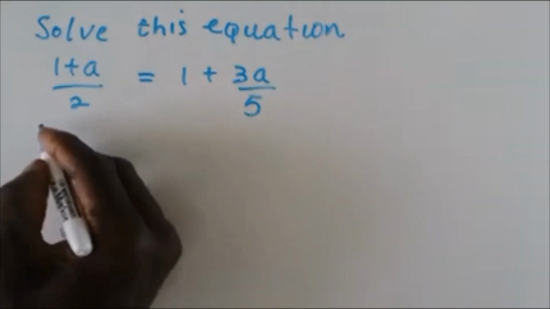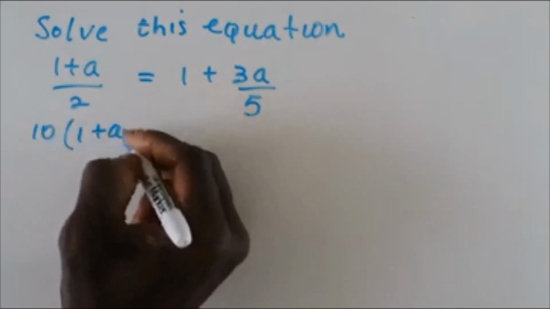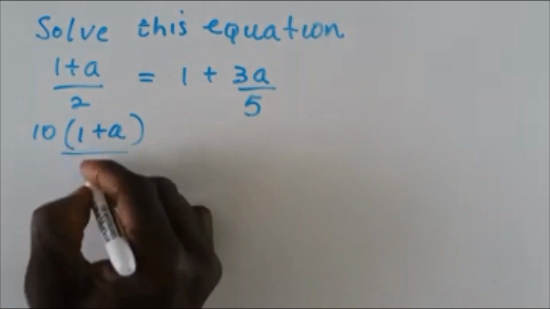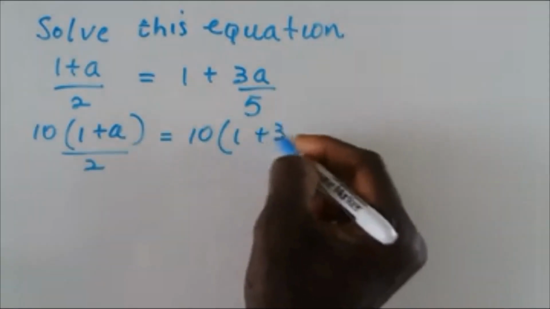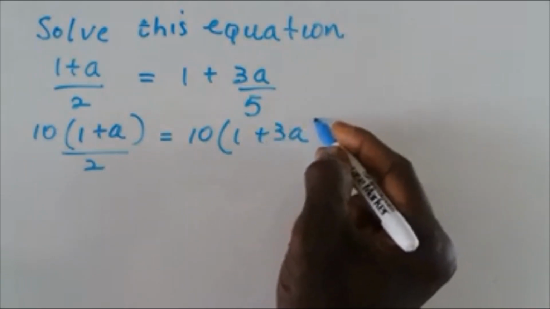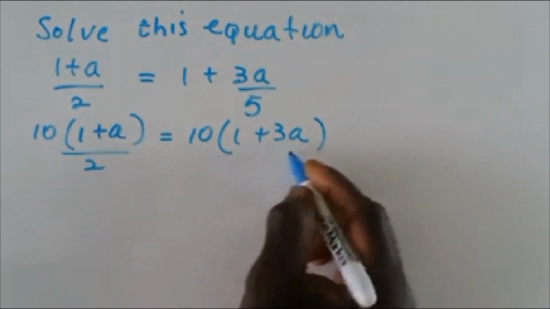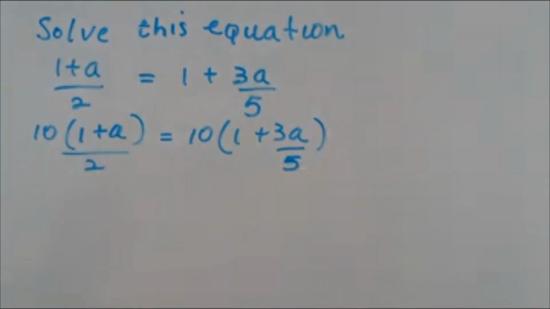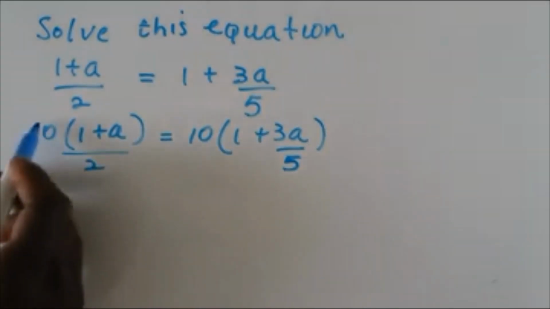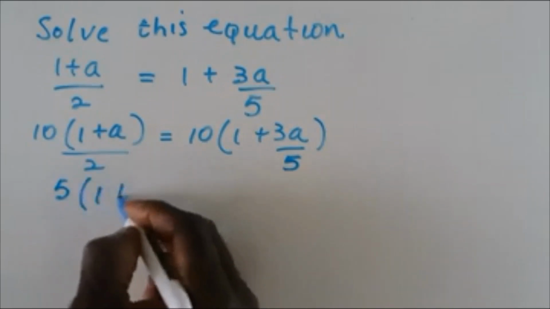So we'll write it as 10 brackets 1 add a, and this is over 2, is equal to 10 into 1 add 3a, and the 3a is over 5. Now this cancels out to give us 5 into 1 add a.